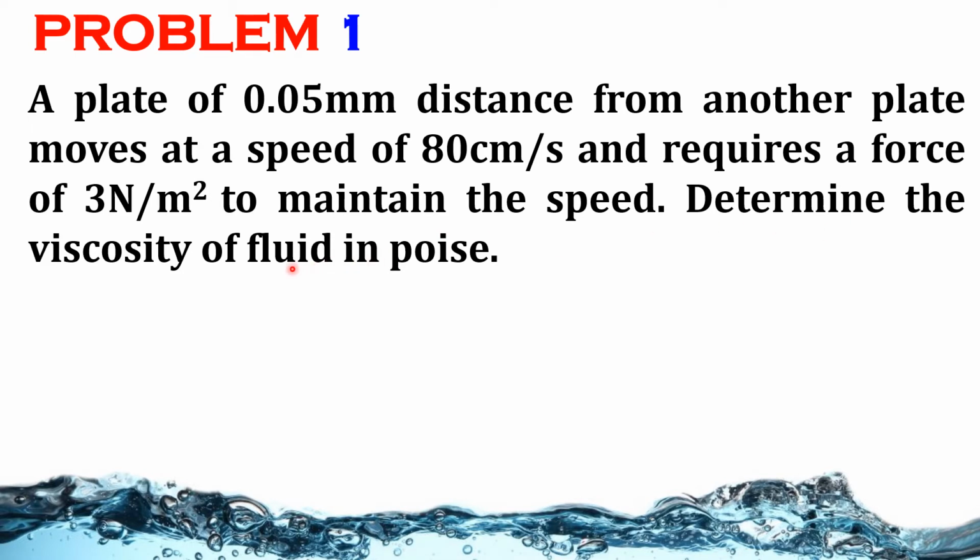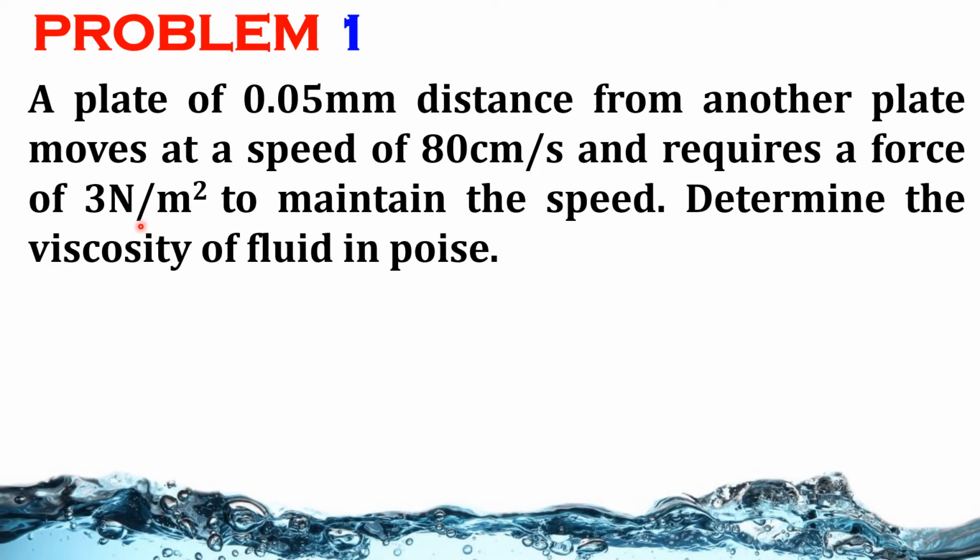Determine the viscosity of fluid in poise. First, make a note over here. They have given force, but the unit is Newton per meter square. Normally, for force, the unit is Newton. If the data is given with a unit of Newton per meter square, that is your shear stress.